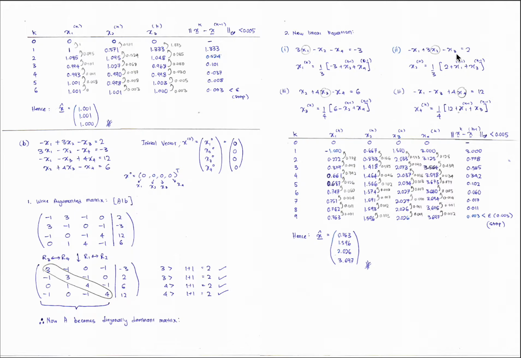So we get this equation. Row 3 also we use x3 sebagai tajuk. And then row 4 also we change as a tajuk, and then we get this equation. So each unknown x value we must put k on the left and k minus 1 on the right hand side.